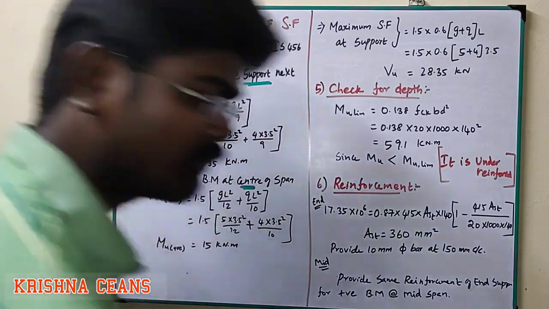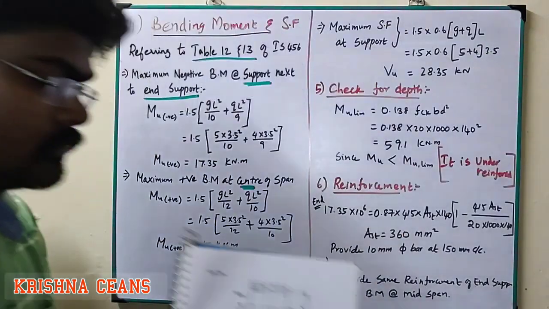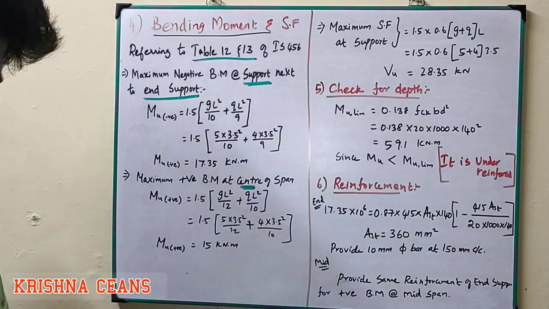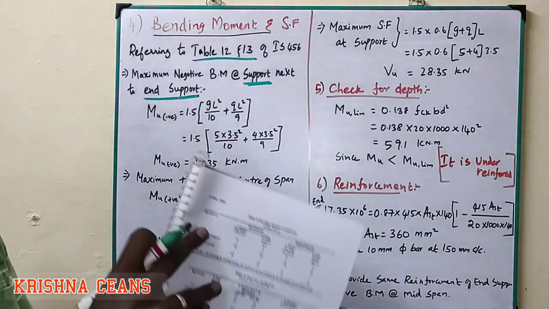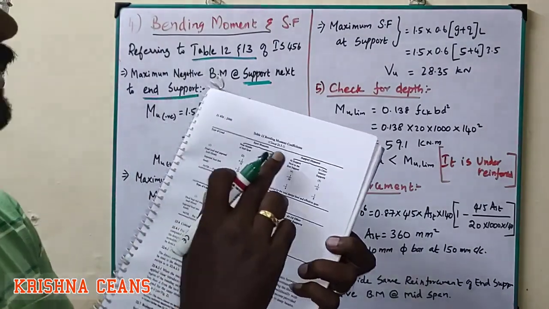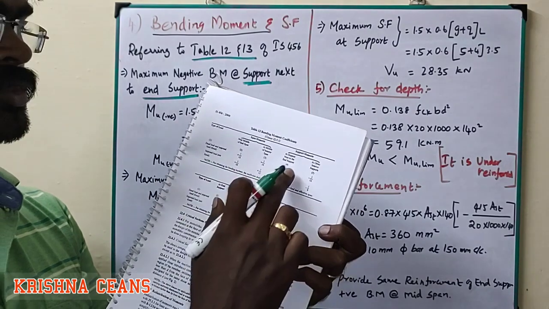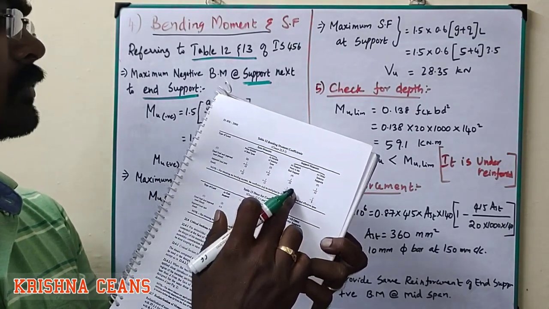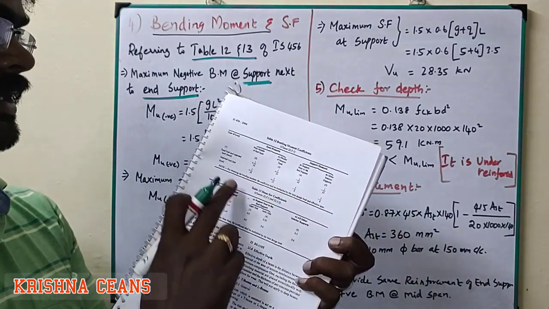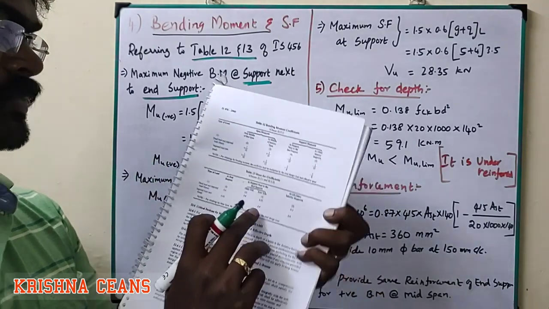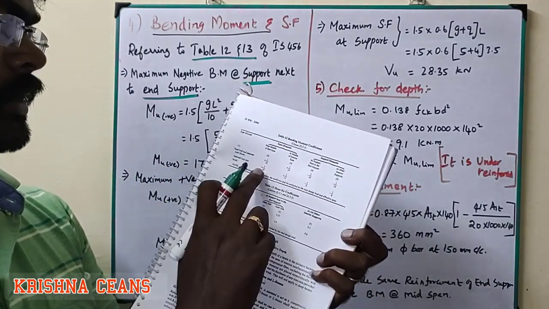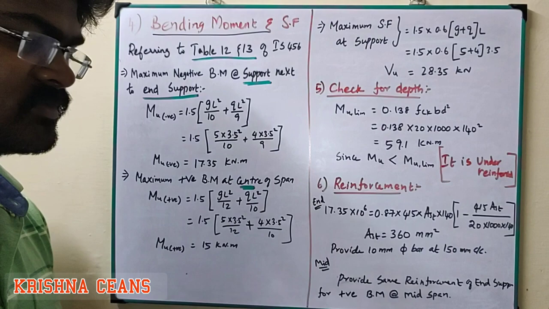They provided the support condition, span and the support moment. They provided dead load and imposed load. Here -1/10 and -1/9 they provided, and for the center of the span they provided 1/12 and 1/10 as well.